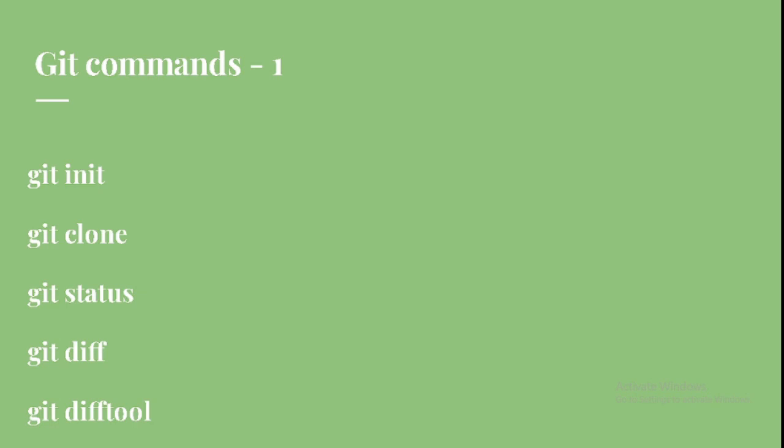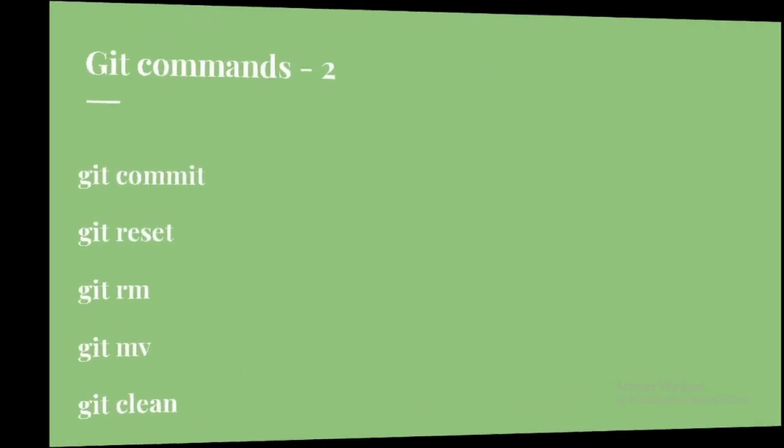Git diff will tell us the differences, if any, within some pages. There are also log tools that will tell us the history of the local project. Git diff tool is the tool given by git that will find the difference line by line.